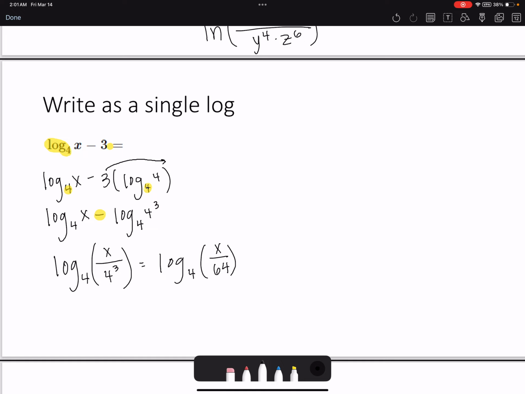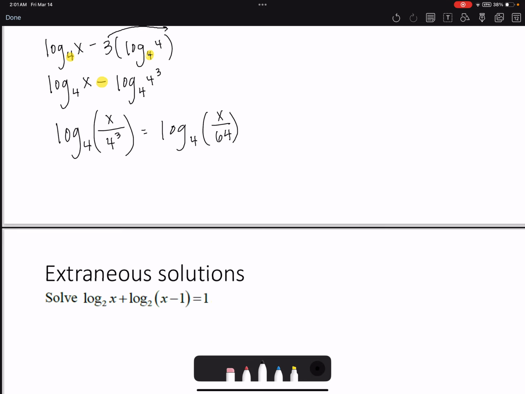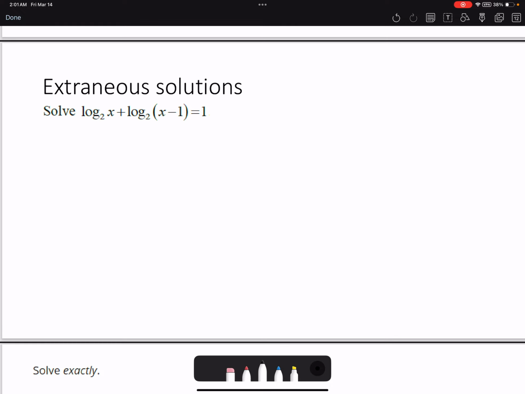Okay, our last topic is extraneous solutions. So an extraneous solution is where you solve this algebraically and then you get a solution.